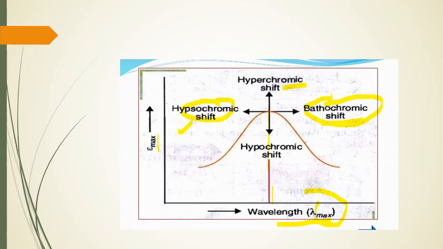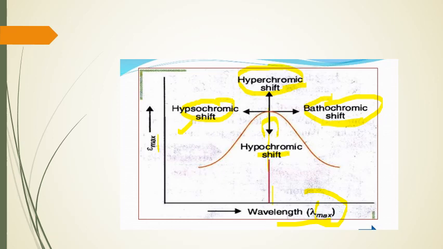So when the bathochromic absorption shift occurs, the hyperchromic shift occurs too. When longer wavelength shifting occurs, the intensity increases, the hyperchromic shift. When the intensity of the radiation decreases, that shift is called hypochromic shift.